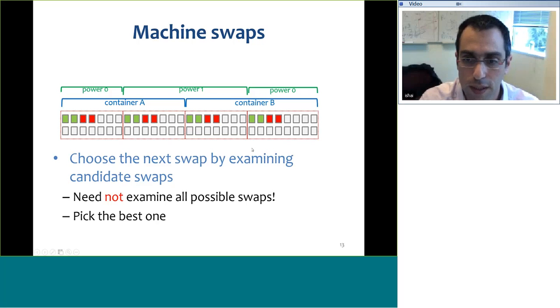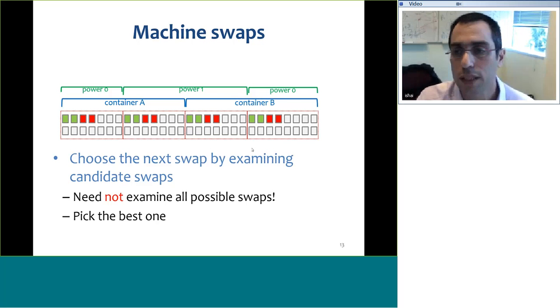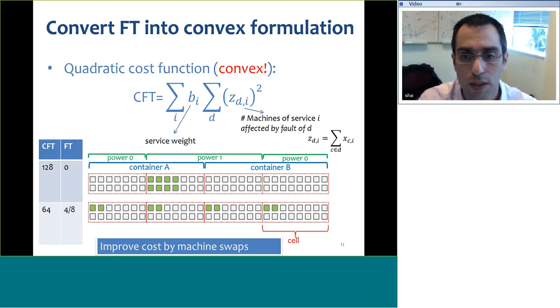So you see this is a swap. This is actually a swap that improves the fault tolerance. So we have a global cost function that represents the current state in terms of fault tolerance, and we improve it gradually by choosing the best swap. What is the best swap? The swap that will reduce this sum of squares function by the most.